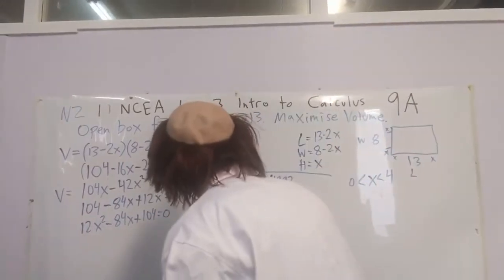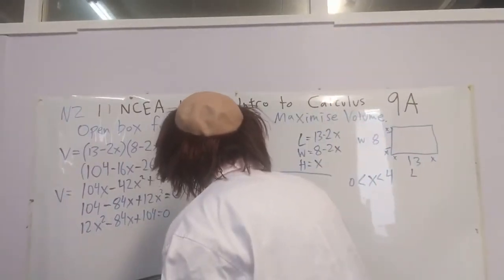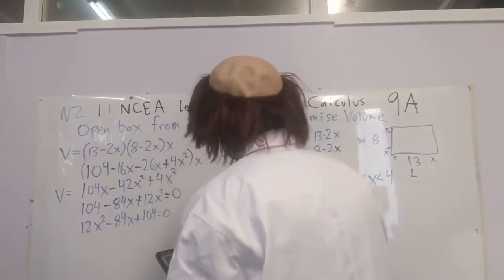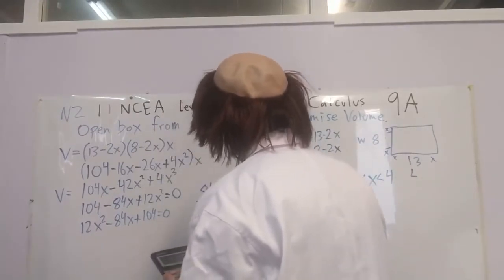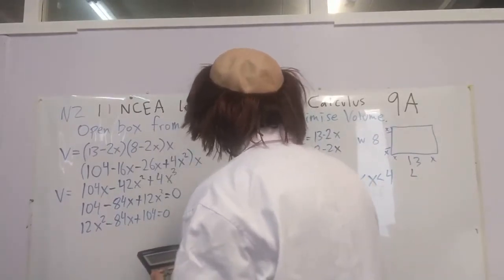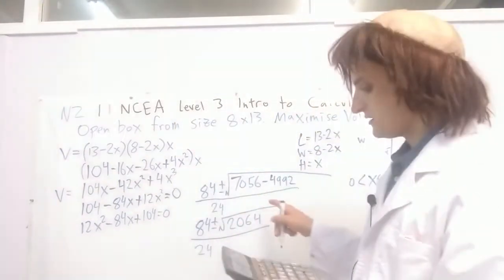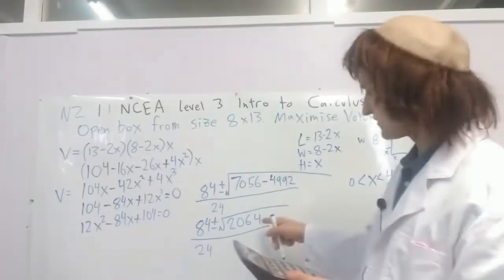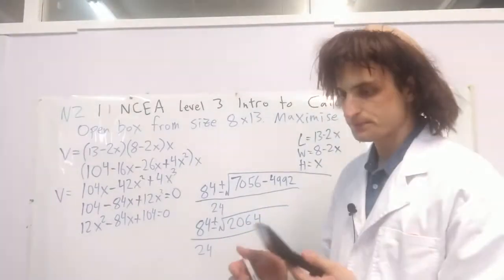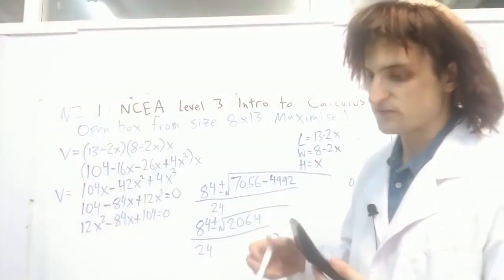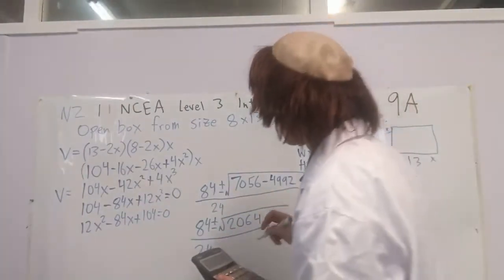So we've got 84 plus or minus the square root of 2064 divided by 24. The square root of 2064 is 45.43.